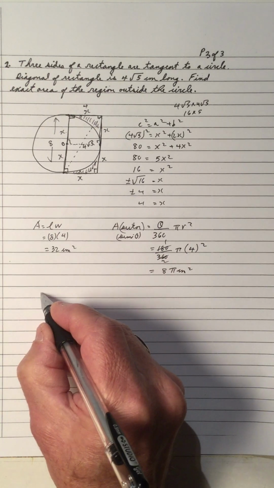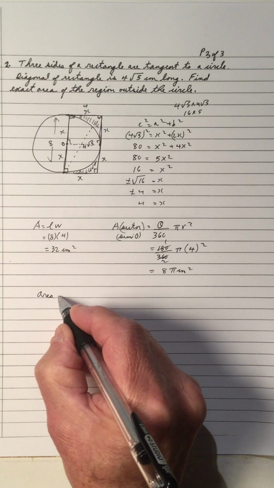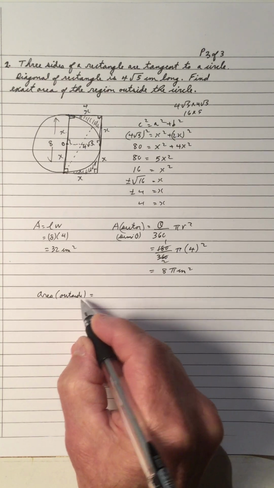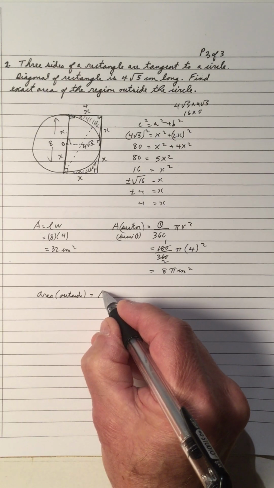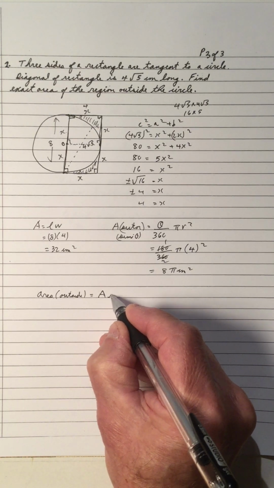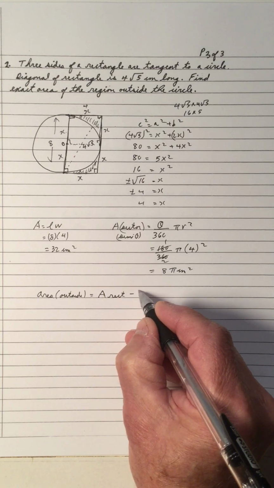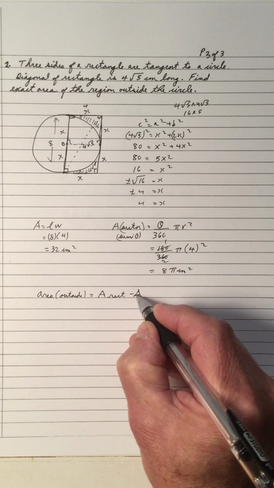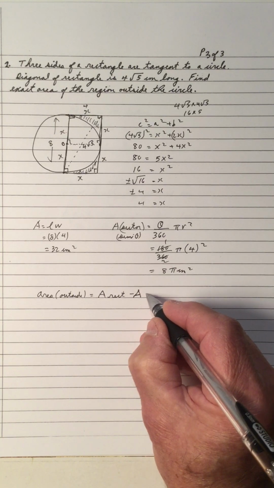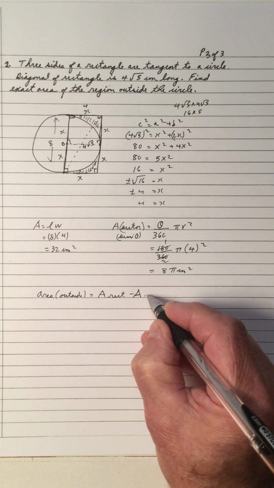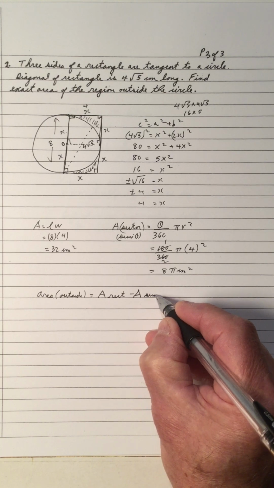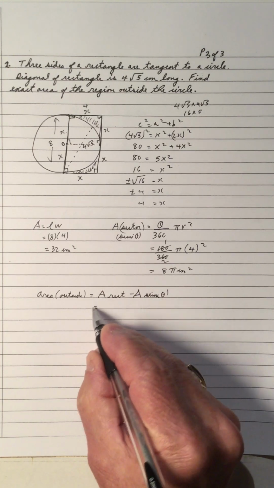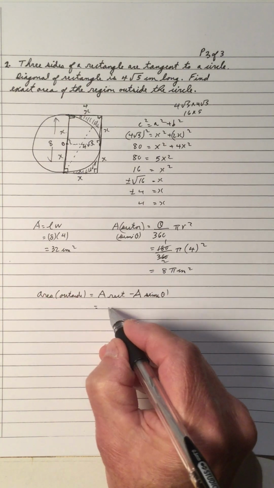And so the area outside of the rectangle is the area of the rectangle minus the area of the sector or semicircle. So the rectangle is 32.